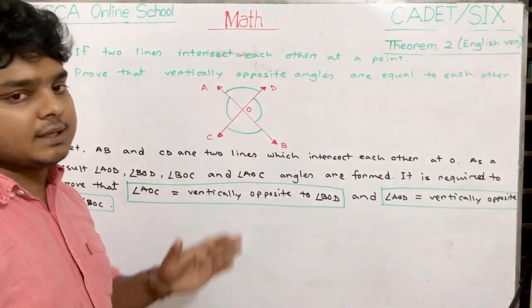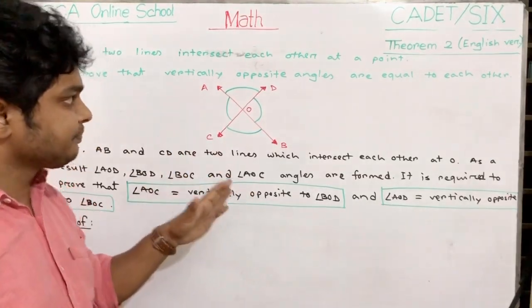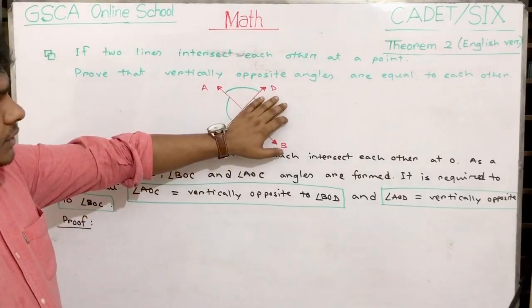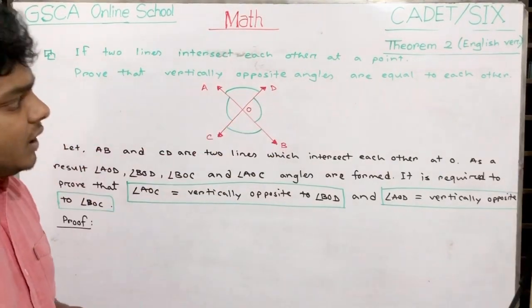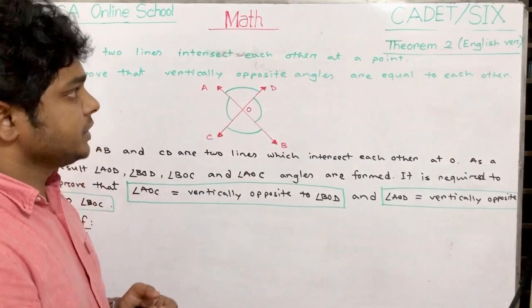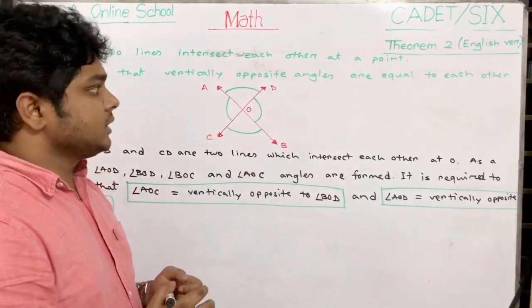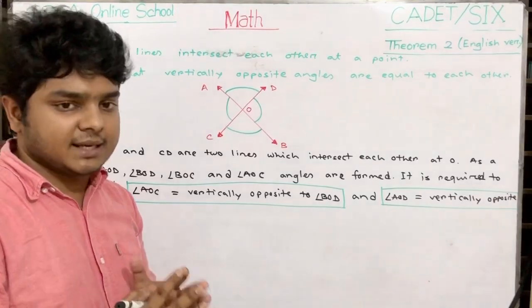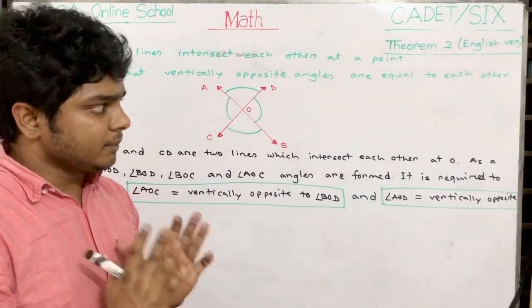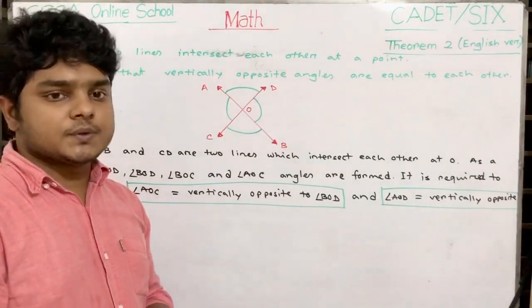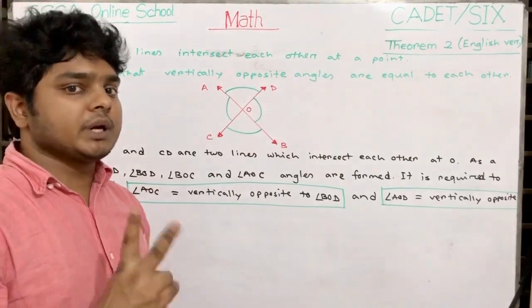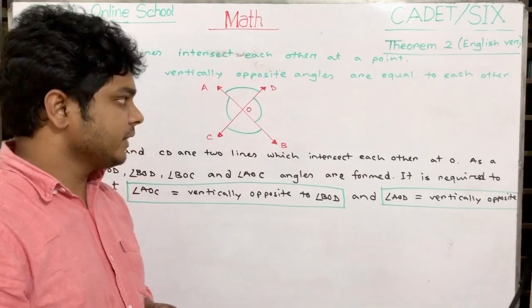After that, come back to Theorem 2. Take a look here. In our Theorem 1, what were we taught? We are taught that if a ray meets a line at a point, then the sum of the produced adjacent angles is equal to 2 right angles or 180 degrees, right?